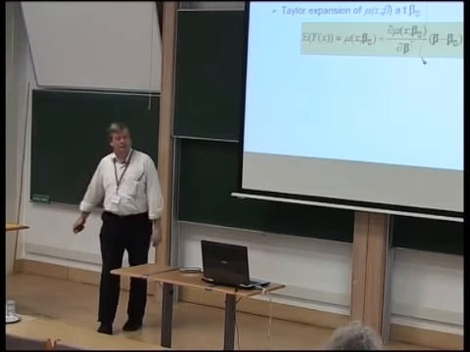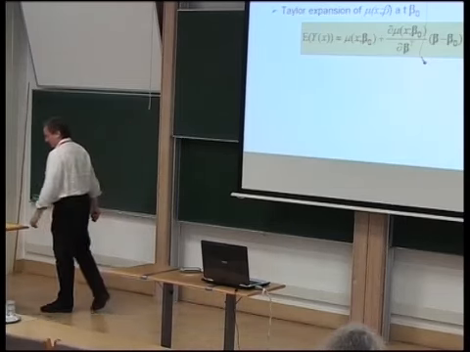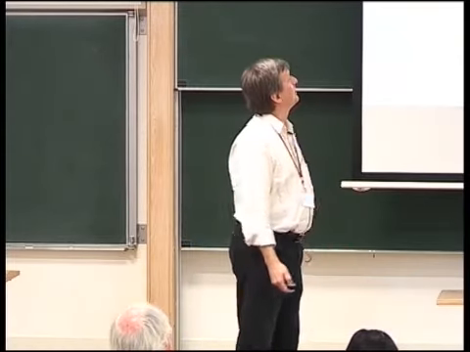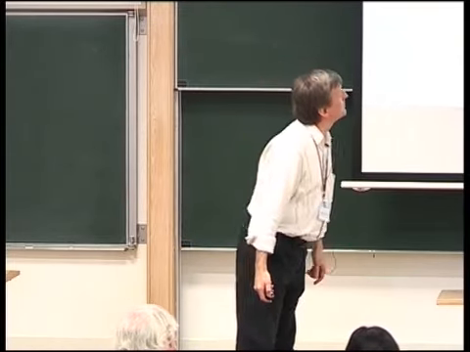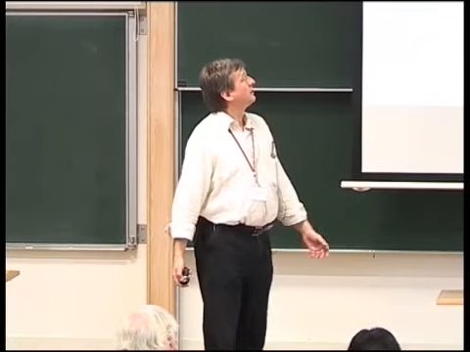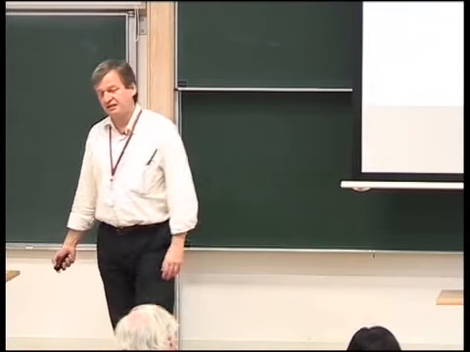Okay, so now we come to the more difficult things, how to get this asymptotic variance covariance matrix, or the asymptotic information. And the usual approach is to make some linearization, take a Taylor expansion at some specified value beta naught, some initial guess. And this is a problem.